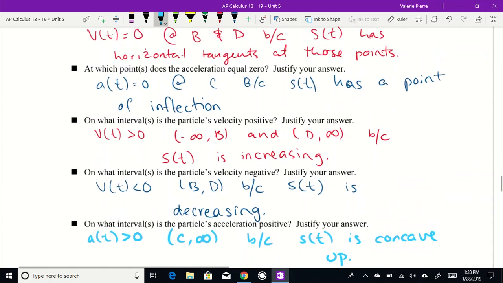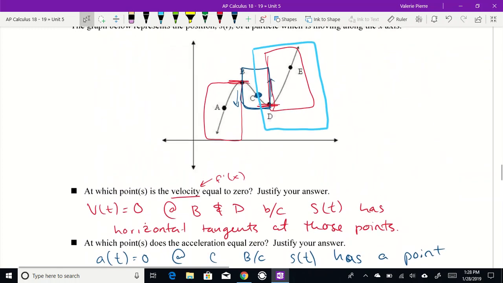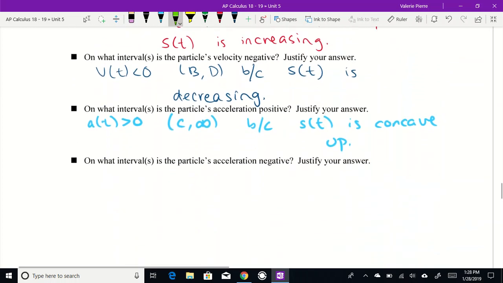And negative acceleration occurs when we're concave down, which is from negative infinity to c. So a of t is less than 0 from negative infinity to c because s of t is concave down.